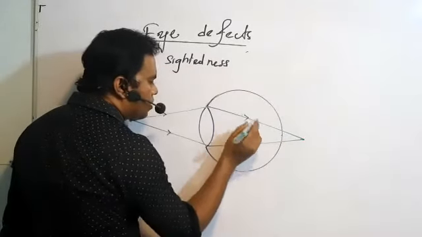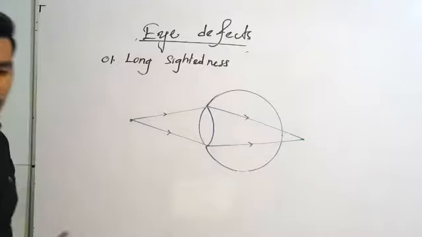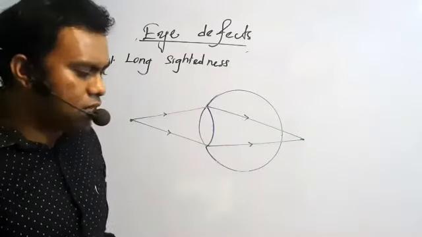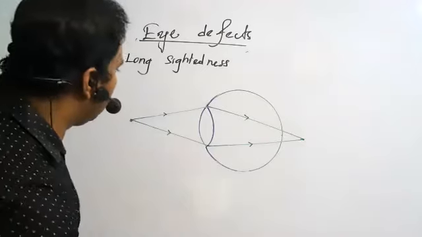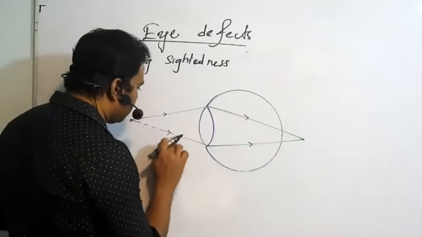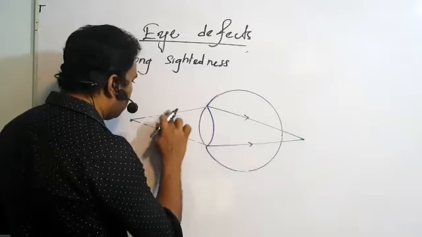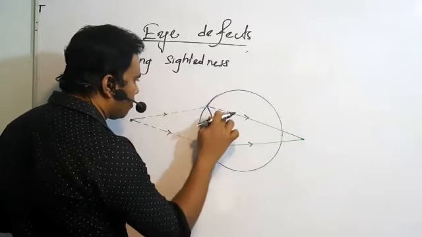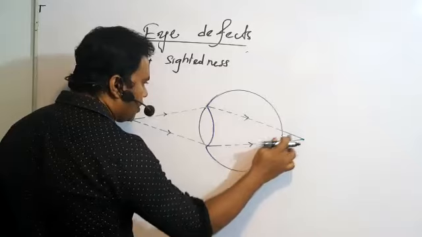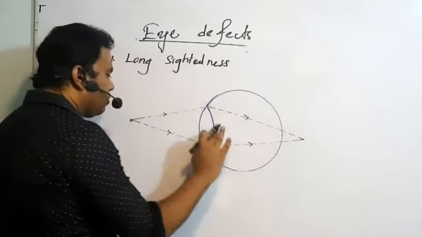But this is not the main diagram. Now we are going to draw the solution associated ray diagram. This is the defect. Another ray set is coming for the solution.